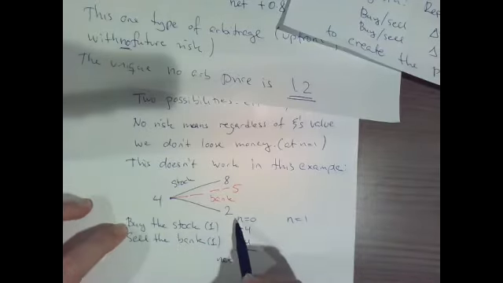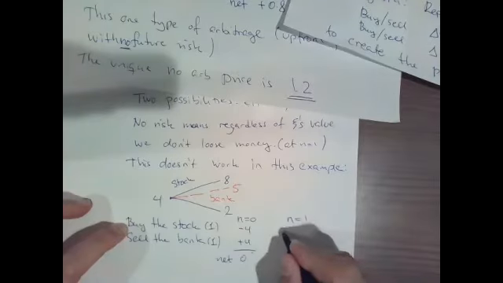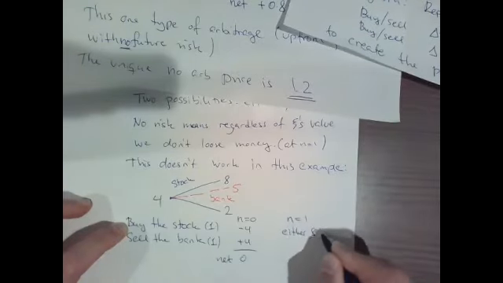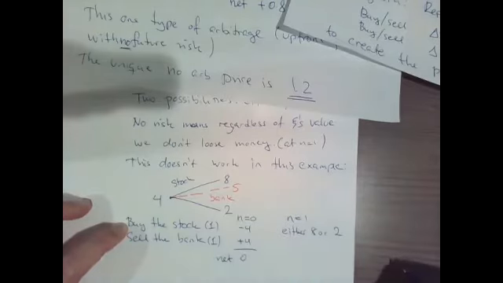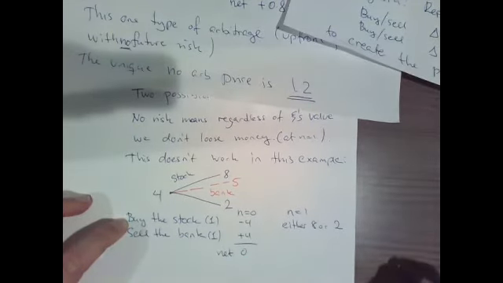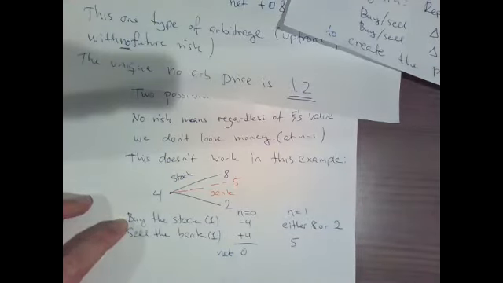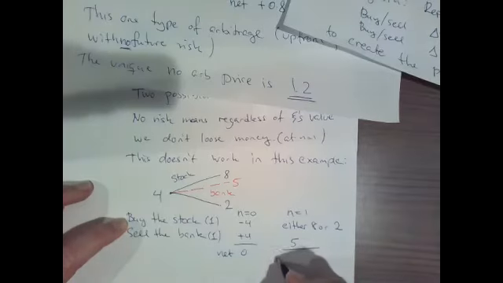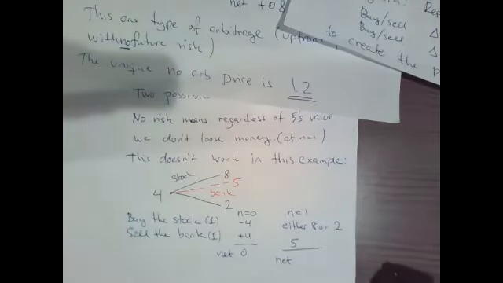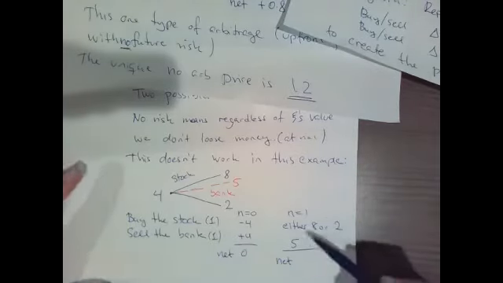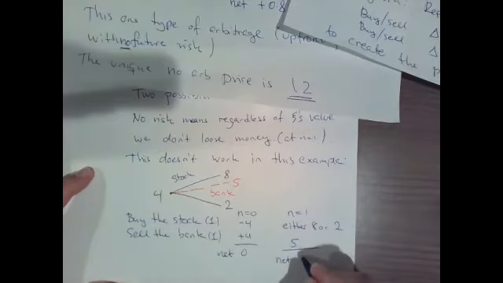I bought the stock, so the stock is going to pay out either 8 or 2, and the bank is going to pay out 5. So what is the net effect? The net effect is 8 minus 5, so that'll be 3, or 2 minus 5, which will be minus 3.